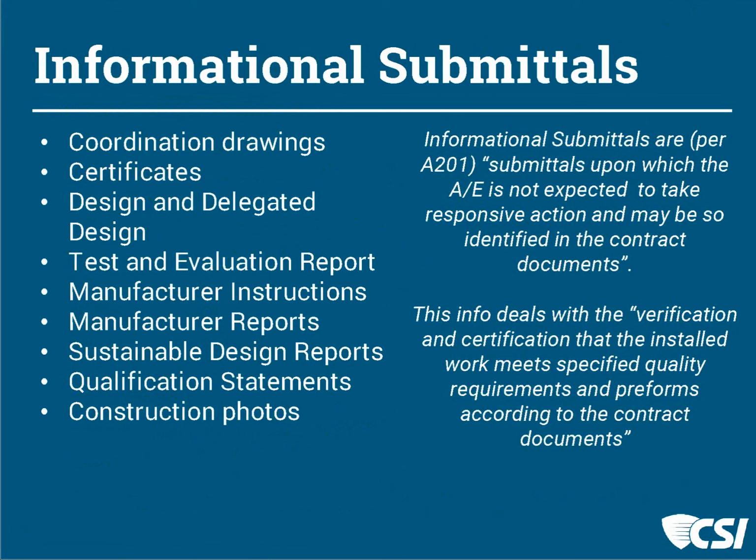So these would be, I would say, pieces of information that we want to be sure everyone understands, and we see it transfer from party to party, so we are sure that they are informed, but we don't have to take a specific action on it because it's related to the quality requirements and it's related to the performance of the work to be in accordance with the contract documents.